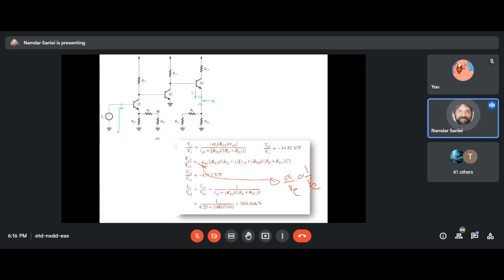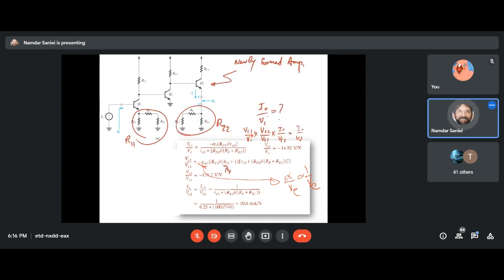Now this would make a new amplifier. This would be our newly formed amplifier with R11 on the input side and R22 on the output side of the amplifier. And then we had to find the gain of this newly formed amplifier. And what kind of gain? The output current over input voltage. Okay, this is the transconductance gain of this amplifier.